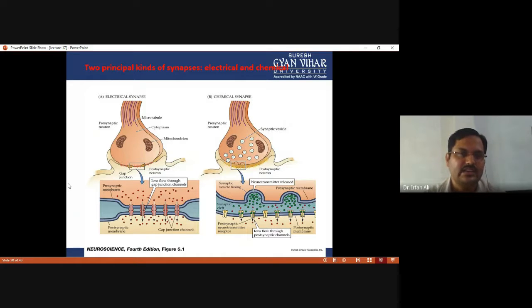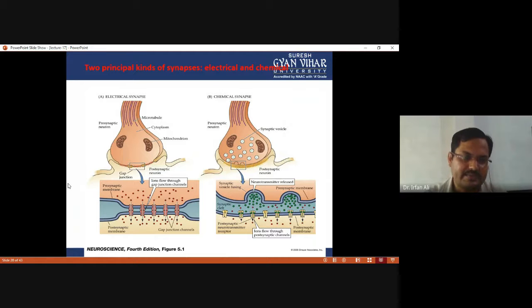You have to see in figure A, this is the electrical synapse. In the presynaptic neuron, there is a microtubule, a cytoplasm-containing bulb, and mitochondria for energy generation. Here the junction is present at the site of the pre- and postsynaptic neuron.